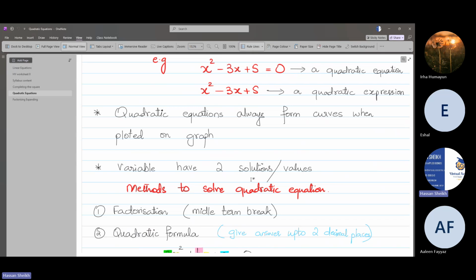Number one, they have a maximum power of the variable as 2. Number two, when we plot a quadratic equation on the graph, they always form curves. And number three, these quadratic equations always come up with two answers or two solutions or two values of the variable.